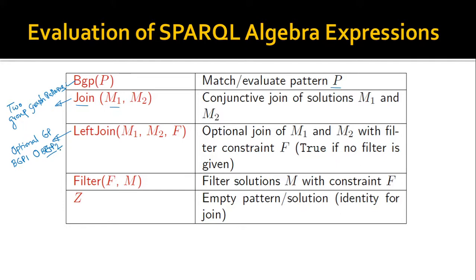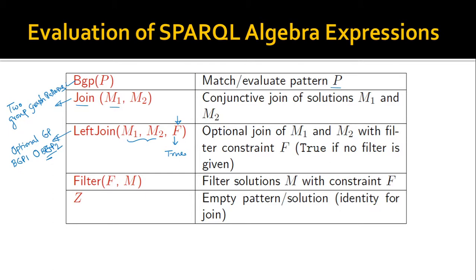If it does contain a filter, that will be used to test, if these two solutions are joined using this left join operator, whether we need to impose any filter condition. Now, if we do not have a filter constraint in BGP2, then it will always be taken to be true.